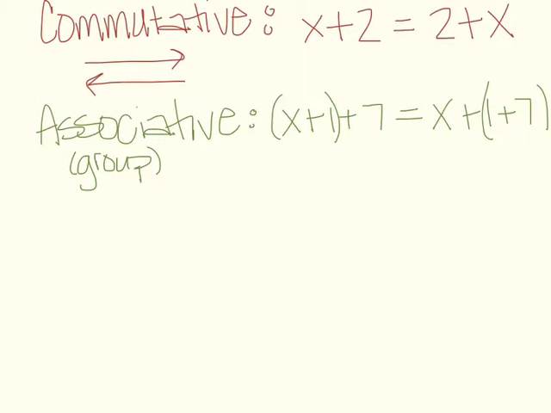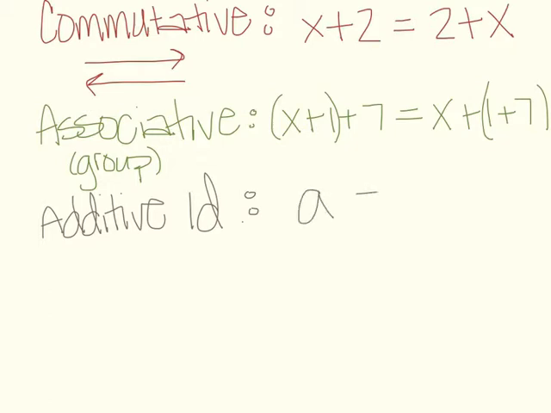So additive identity, you might have A equals A plus 0. Additive identity property. Sometimes this will be called the identity property of addition, because adding 0 to something does not change its value.